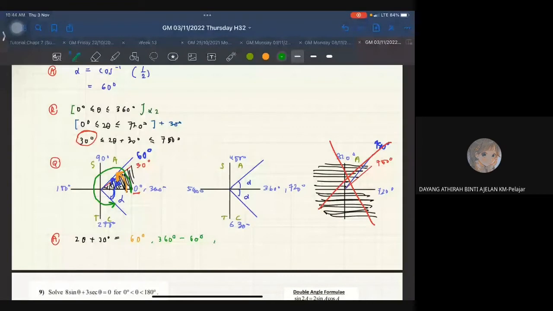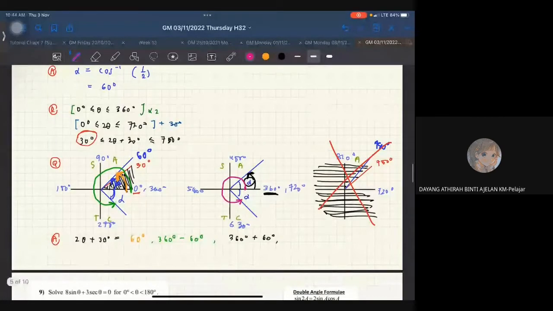Okay, next one. So the third value is 360 tambahkan sahaja dengan alpha. Dapatlah third value 360 plus 60 degree. Okay, that is the third value. And then lastly, let me use pink color. Okay, so kita nak cari daripada sini pusing sampai sini. So itu adalah value theta yang kita nak cari.